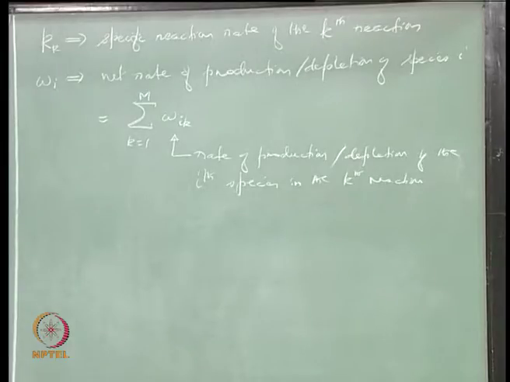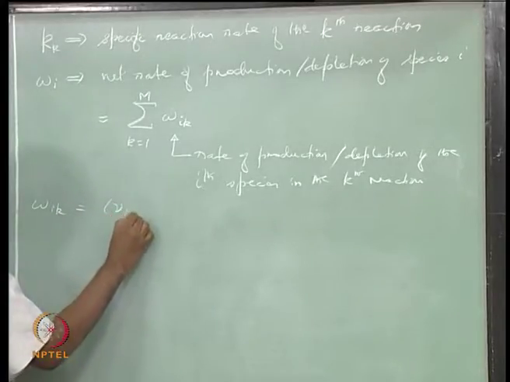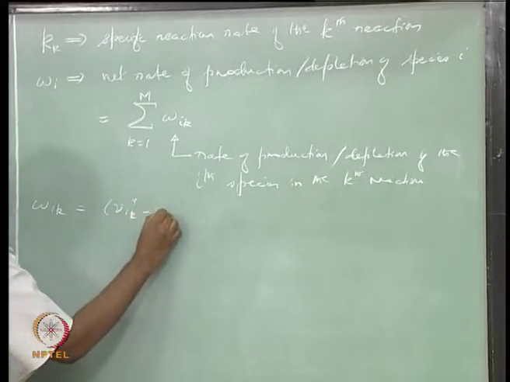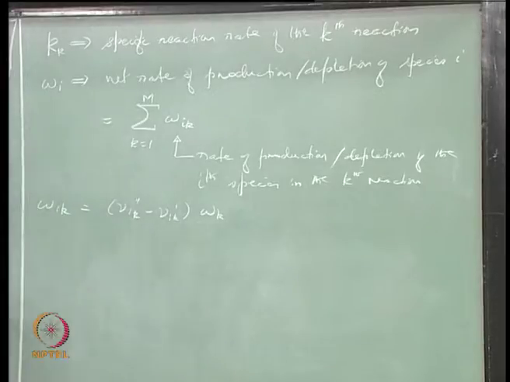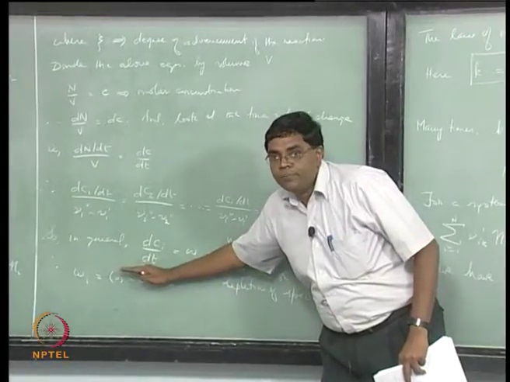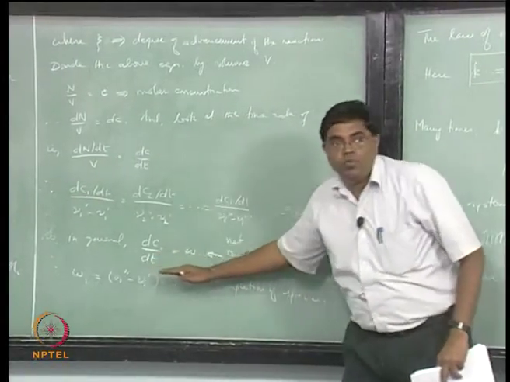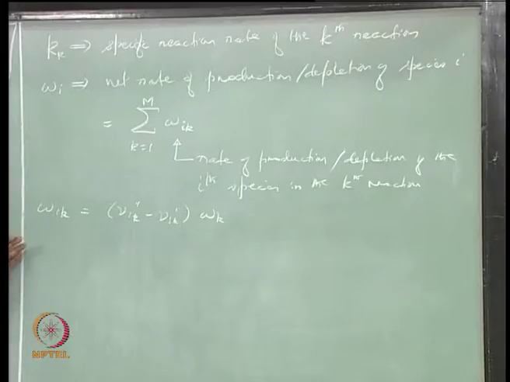So omega ik then is equal to nu ik double prime minus nu ik single prime times omega k. That's like the multi-step version of this over here, right. We did this only for one reaction, we now do this for the kth reaction in a multi-reaction step.